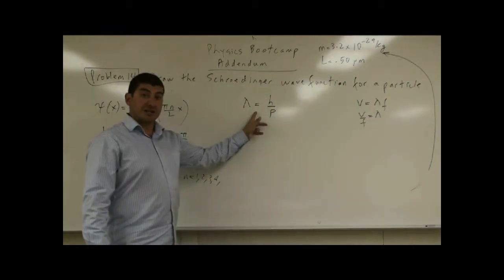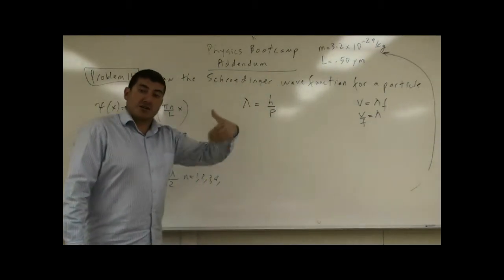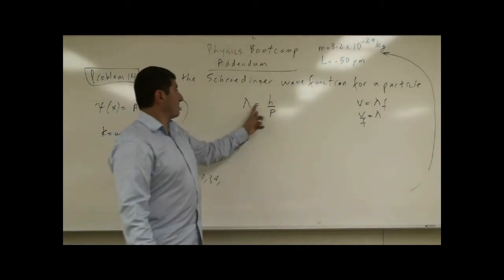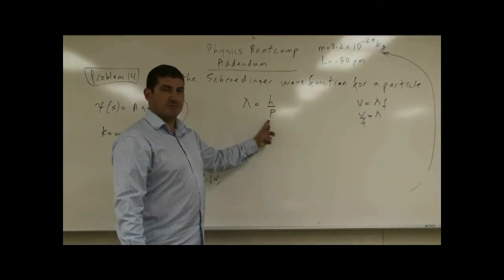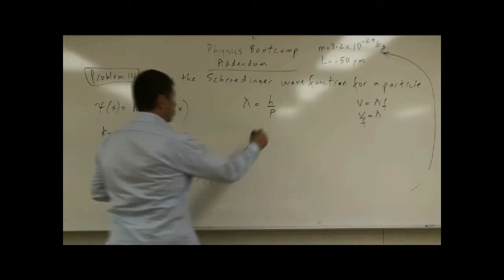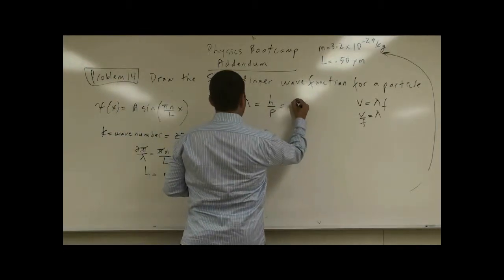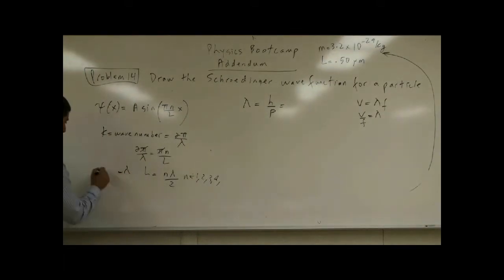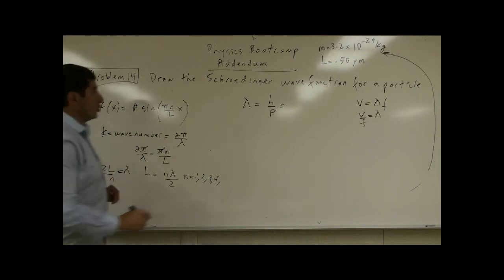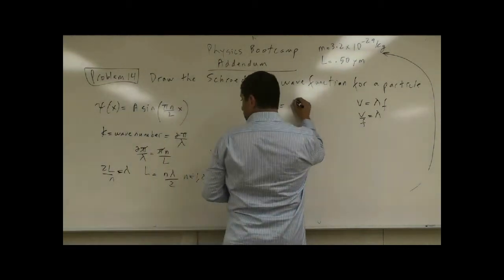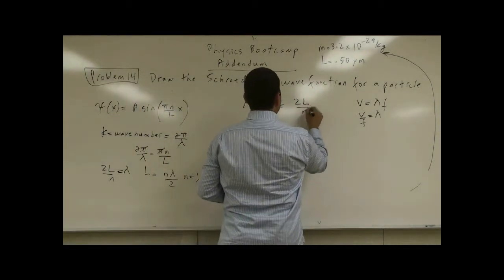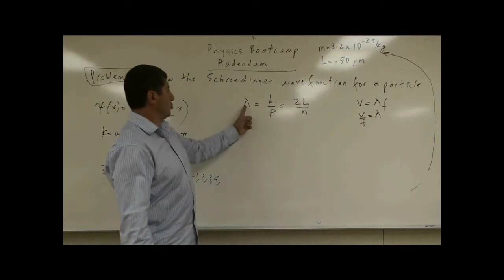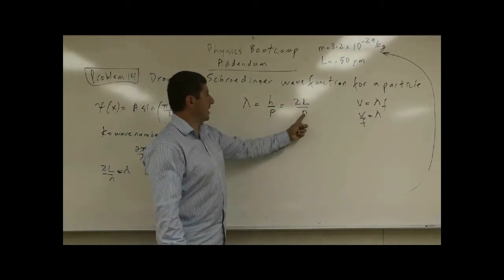For a particle, which we are describing as a wave, the wavelength is Planck's constant over momentum, right? So if this is equal to, according to this, the wavelength it must be equal to what? Twice the length divided by n. So you put that over here, twice the length divided by n. So the wavelength must be equal to 2L over n.